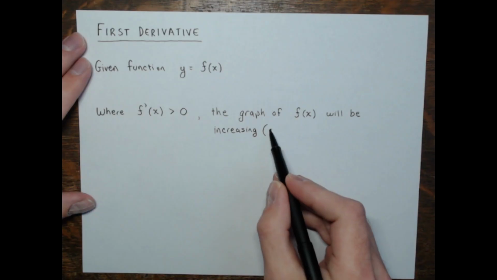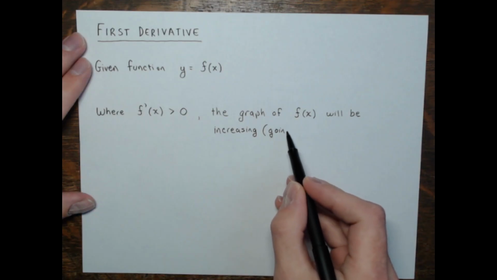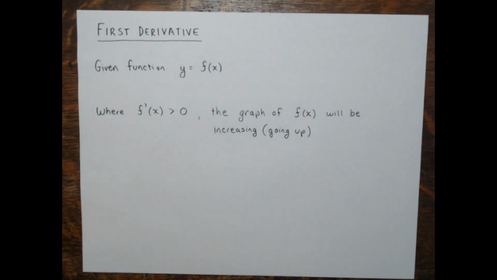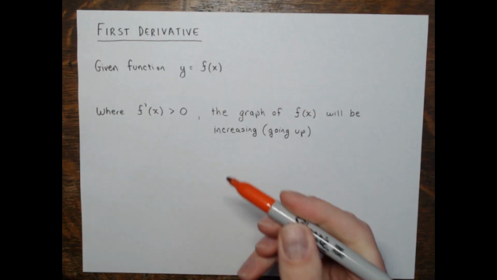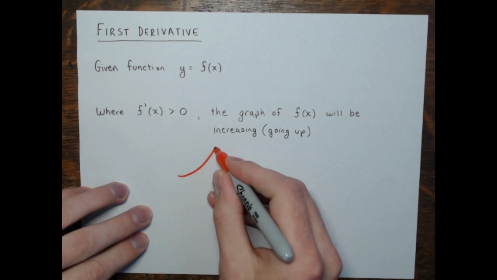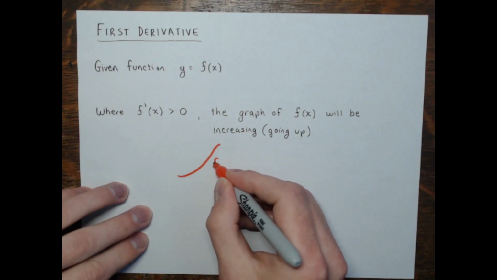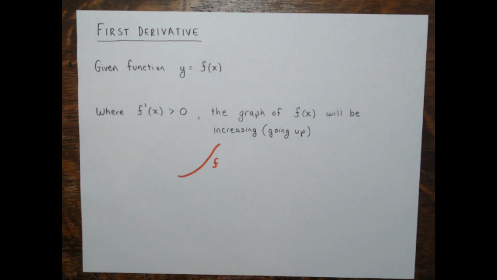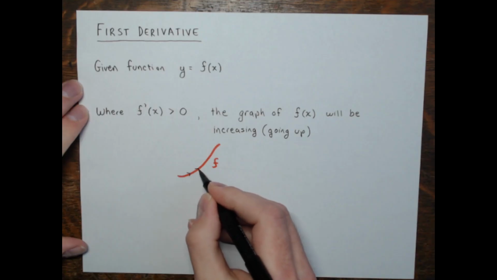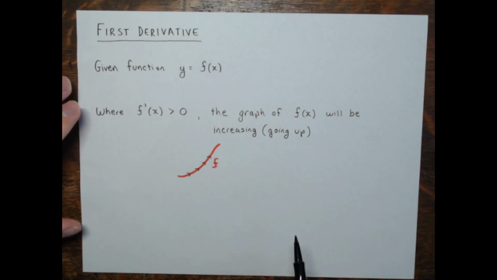You could say going up as you go from left to right. Right, and think about it. If you're looking at the graph of, say, here's the graph of some function, there's the graph of f, it's increasing. As I go from left to right here, it's going up and up and up.